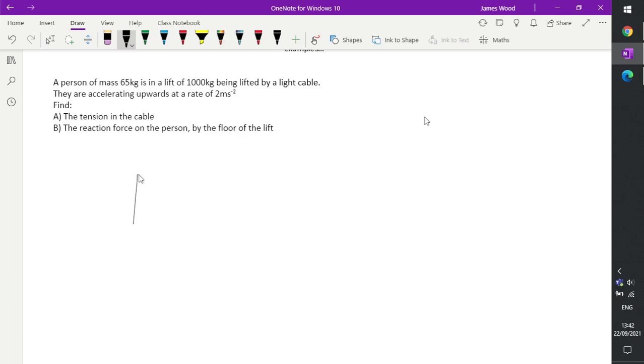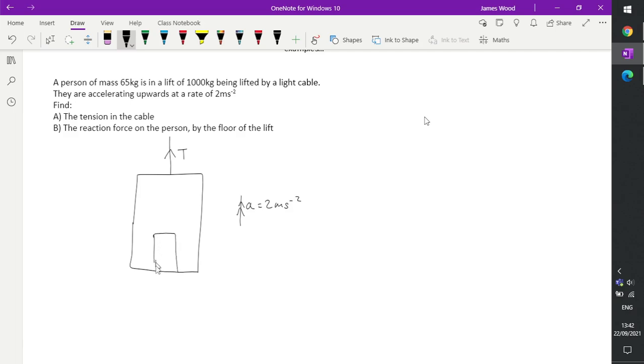So here is my lift. Here is the cable attached to the top of the lift, and it's being pulled upwards. So the tension in the cable is upwards, hoisting it upwards, and it's accelerating at 2 meters per second squared. That's what it said. The other forces we've got involved, there is a person of mass 65 kilograms.